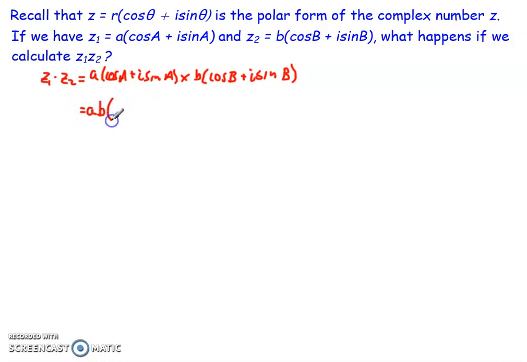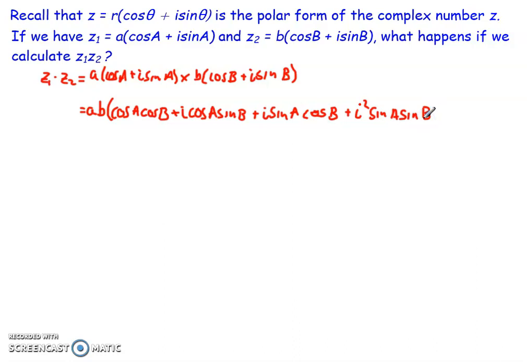So I've got ab, and then inside the bracket cos A cos B plus i times cos A sine B. Then I'd have the inner bits together, so I'd have i sine A cos B. And then the last part, i squared sine A sine B. So that looks like a great fun expression, so I'm going to see what ways I can simplify it.